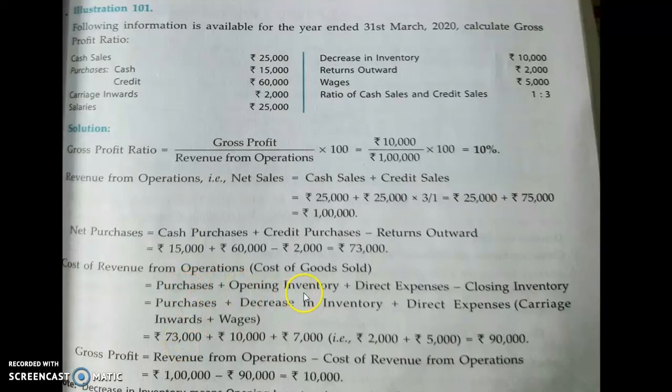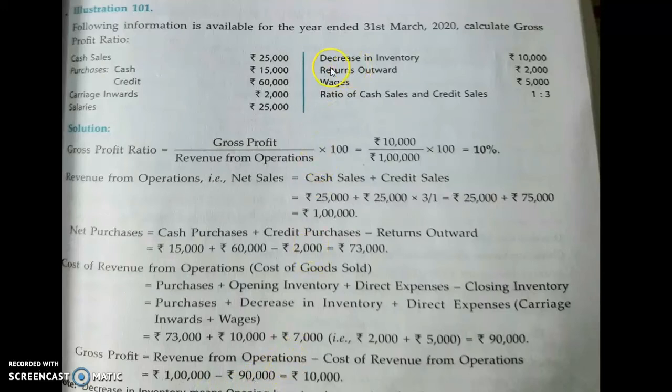Now regarding opening inventory, children, here you are not given opening inventory or closing inventory, but information like decrease in inventory is given to you. So what is decrease in inventory? Decrease in inventory means opening inventory is more than your closing inventory.